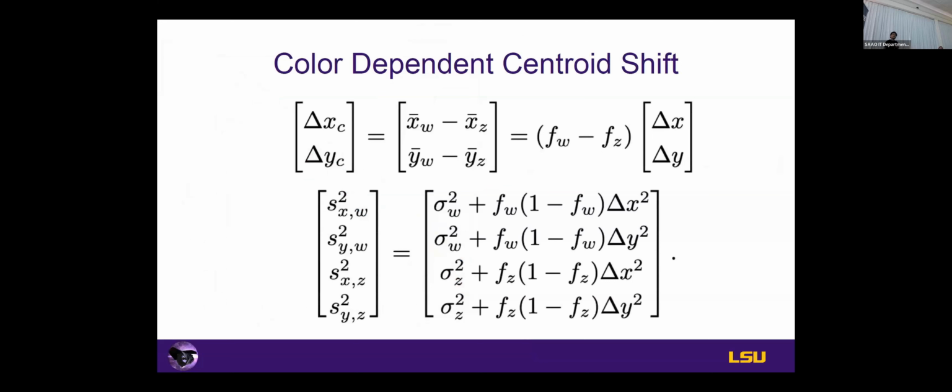Another observable that the Van Anderson paper proposed is using color-dependent centroid shift.